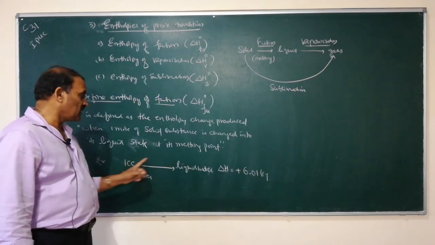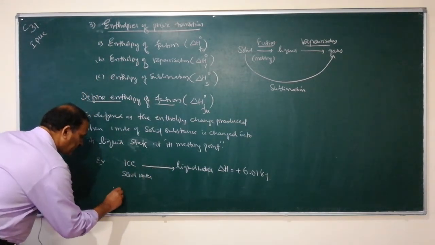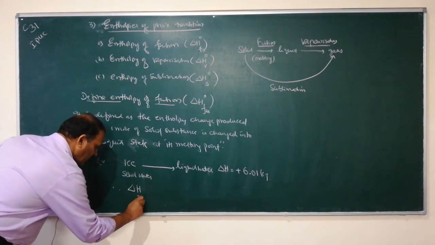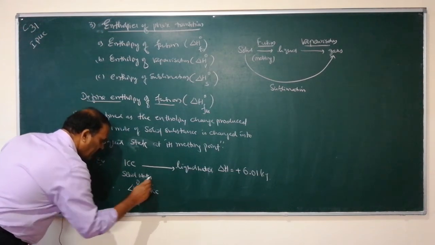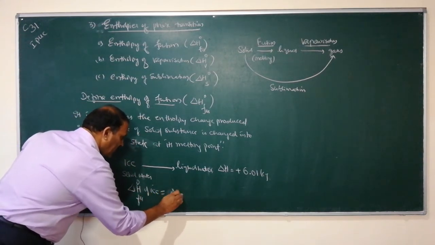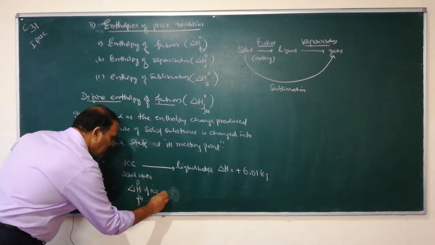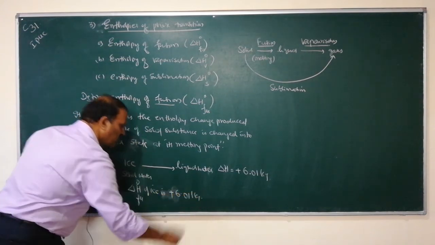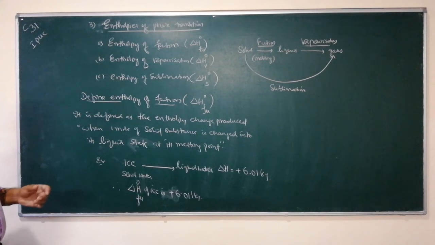So to convert ice into liquid water, we have to supply heat. Therefore, standard enthalpy of fusion of ice, delta H naught of fusion of ice, is plus 6.01 kilojoules. So this is enthalpy of fusion.